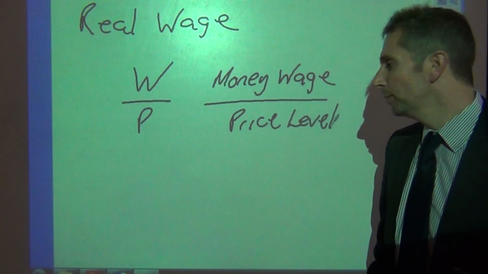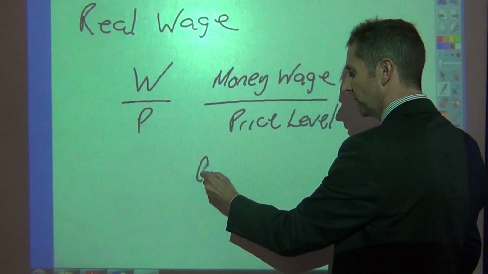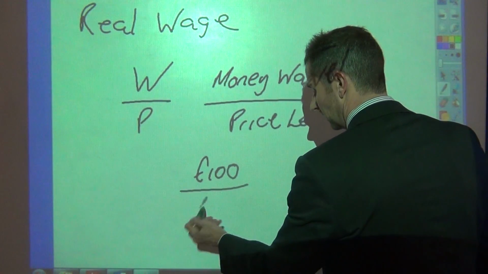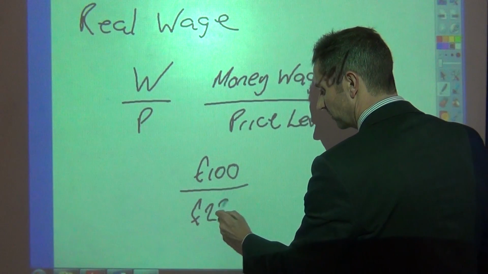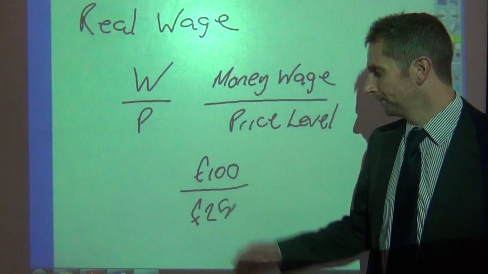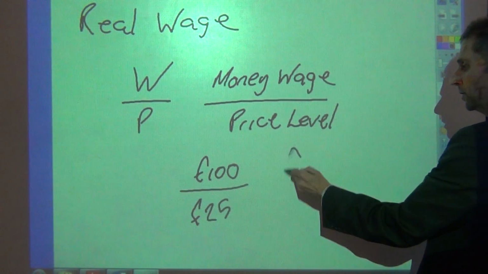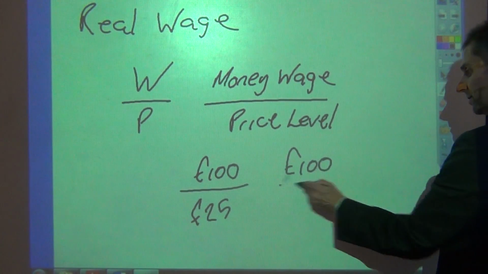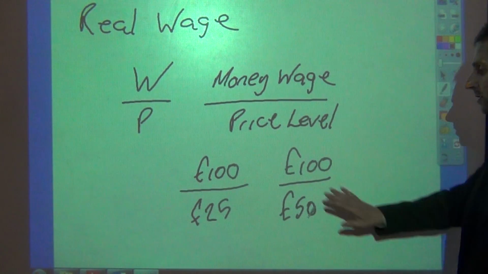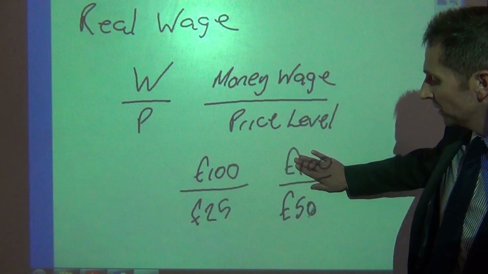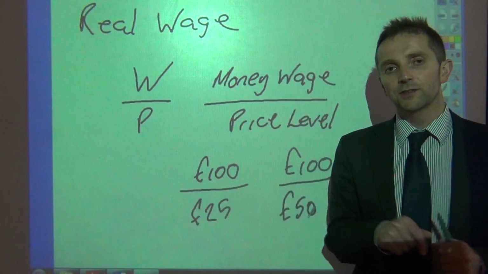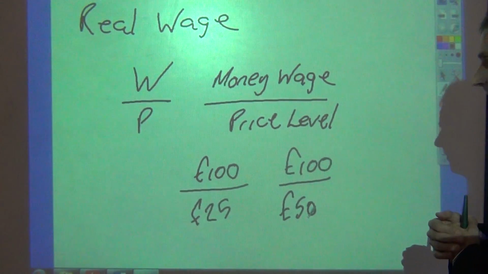So, for example, let's say you earn £100 a week and you're buying goods and services which are priced at £25 each. Well, obviously in that case, you could buy 4 of them. Well, if your money wage remains at £100, yet inflation is rising, so let's say now the prices are 50, now you have the same amount of money, but your basket of goods is only 2 goods, whereas previously it was 4 goods.